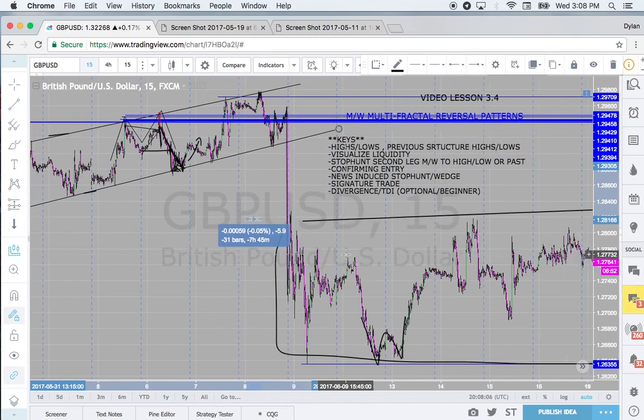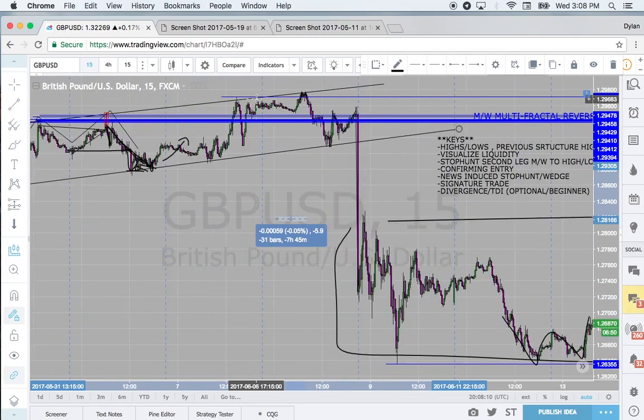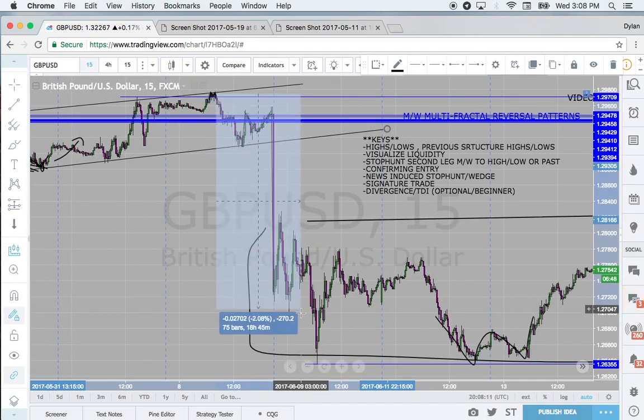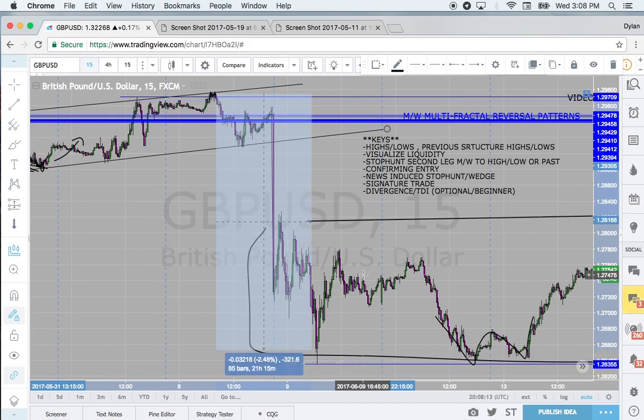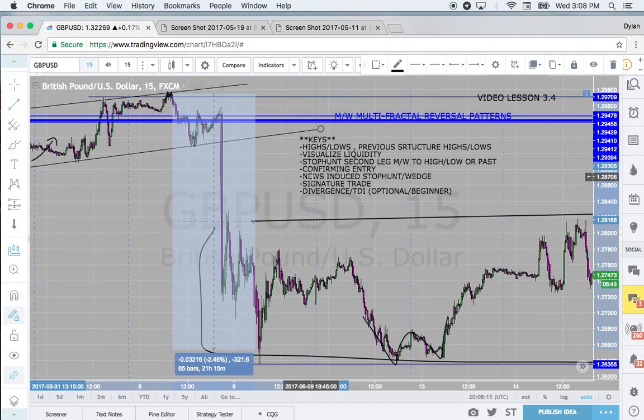So you could have then taken a sell position here and gotten those pips. Alright, news-induced stop hunt or wedge.